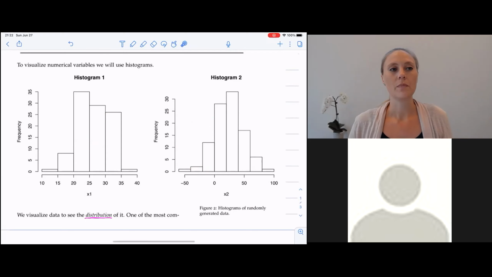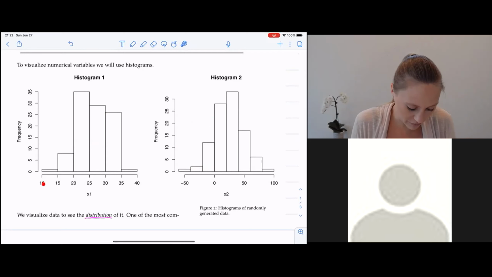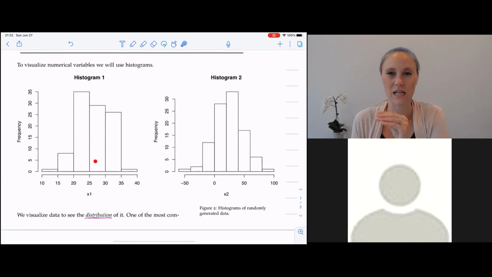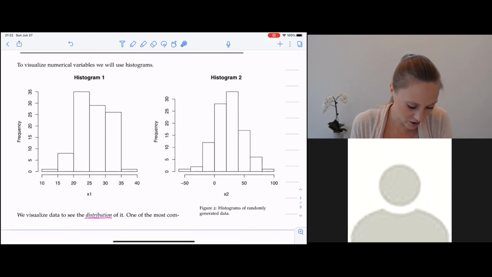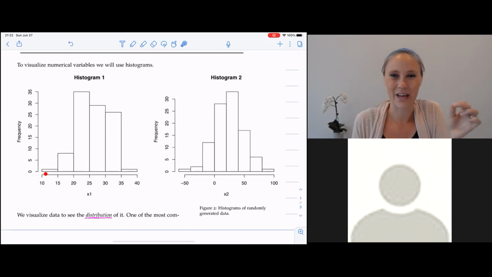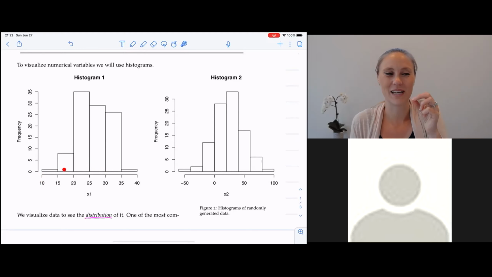Usually whatever software we're using will have some default bin, and that's usually what I go for. I don't mess around with changing the bins too much. But if I was really interested in the nitty gritty of what the distribution looks like, I could change the bins, maybe 10 to 11 bin and 11 to 12 bin, and so on.